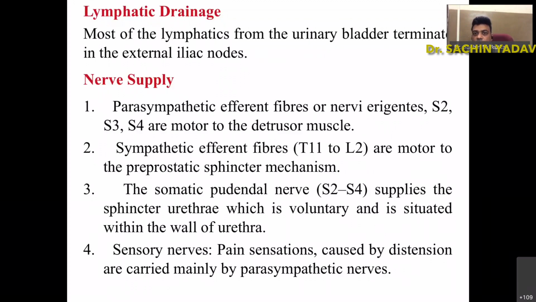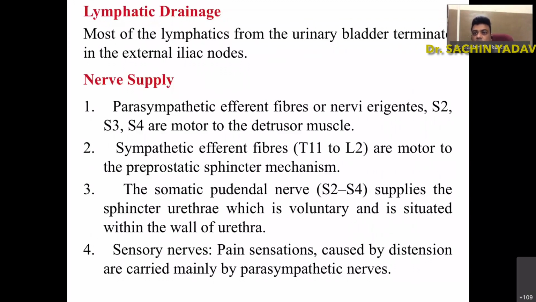If any nerve supply of these is damaged, it will lead to clinical manifestation. If there is parasympathetic damage along this pathway, it will lead to retention of the urine, difficulty in emptying. If the sympathetic supply is cut off, there will be incontinence of the urine, the loss of control of urine retention.